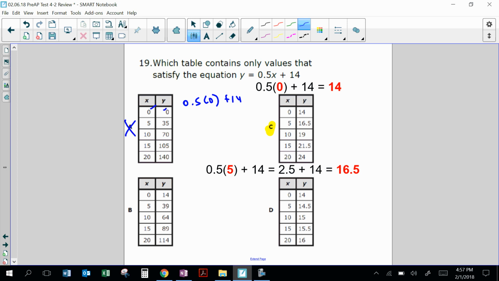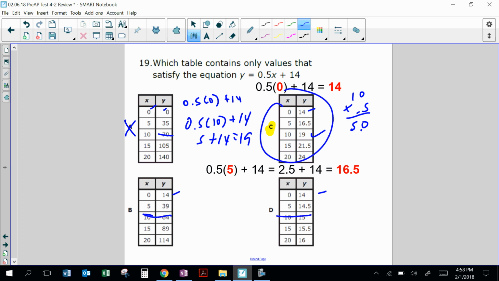Nope, it can't be A. It can be B, C, or D. If I multiply a half by 10, and you add 14 to it, what will you get? 0.5 times 10 is 5, but don't forget the decimal move. 5 plus 14 is 19. Nope. Yep. Nope. Nope. C is the only one that makes sense.